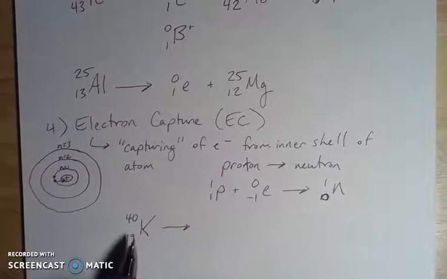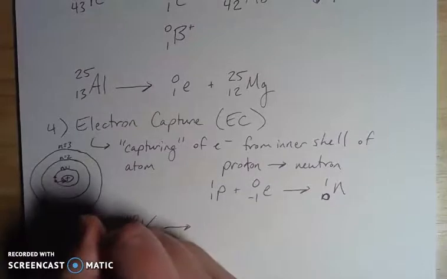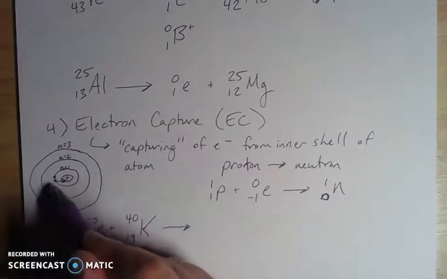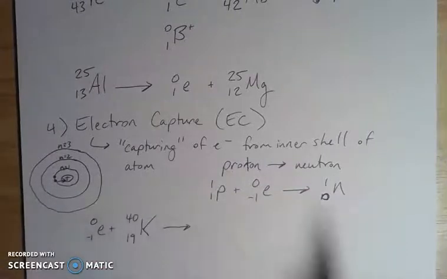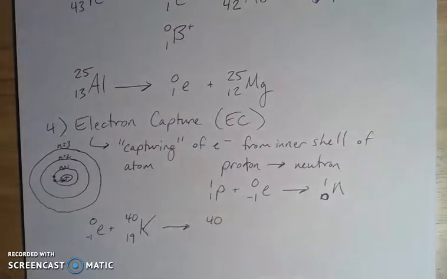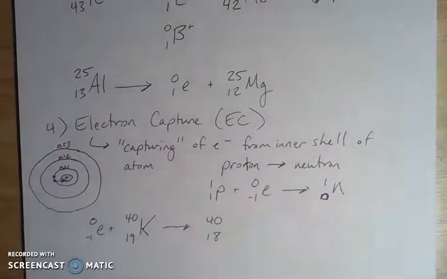So when that potassium sucks in one of these electrons, which I'll put now just on the other side, it doesn't really matter where you put it, I take in one of these inner shell electrons and add it to this guy. What I end up with is my mass number is 40, so my mass number stays the same, and then the -1 plus my 19 gives me 40 as a mass number, 18 as an atomic number.